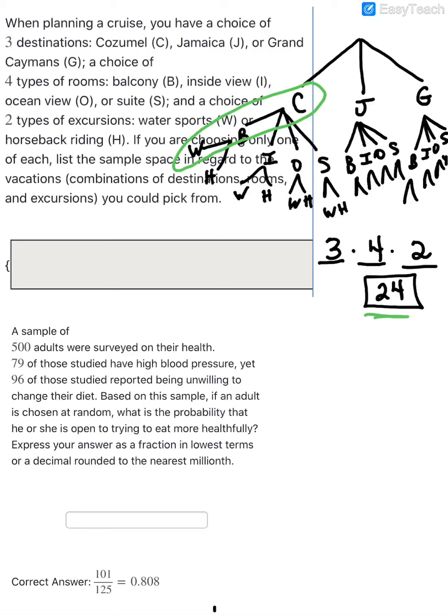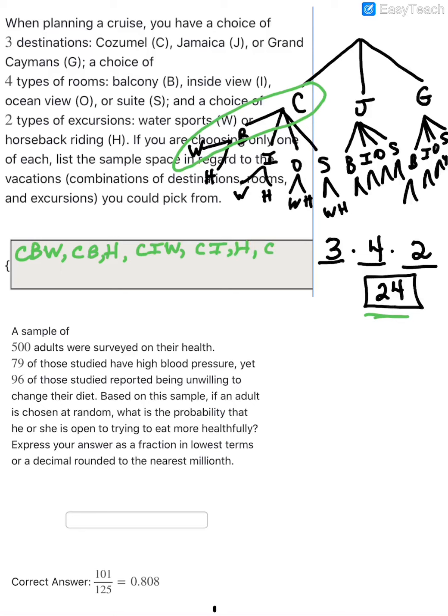So we have the Cozumel with the balcony and the water. Or we have Cozumel with the balcony and the horseback riding. And then we have Cozumel with the inside view and the water, and then Cozumel with the inside view and the horseback.